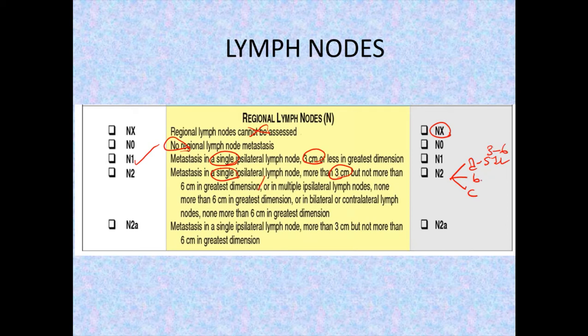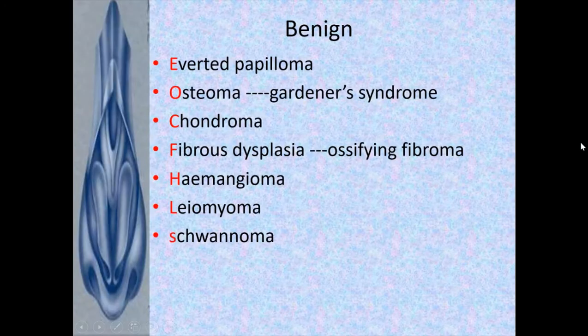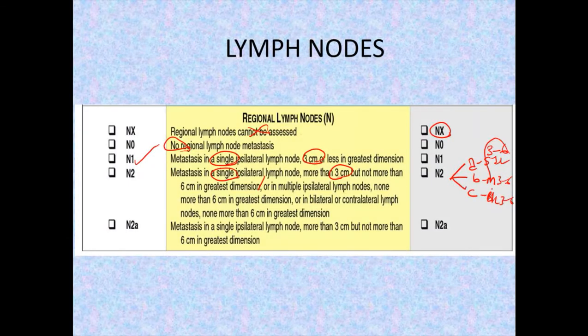N2B is multiple ipsilateral nodes, 3 to 6. N2C is bilateral or contralateral, 3 to 6. So the size is the same, 3 to 6 only. Single ipsilateral, multiple ipsilateral, and bilateral or contralateral: A, B, C.